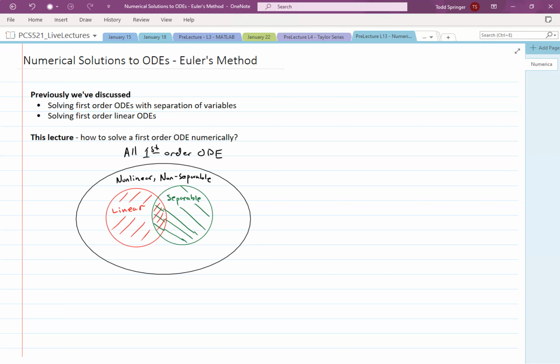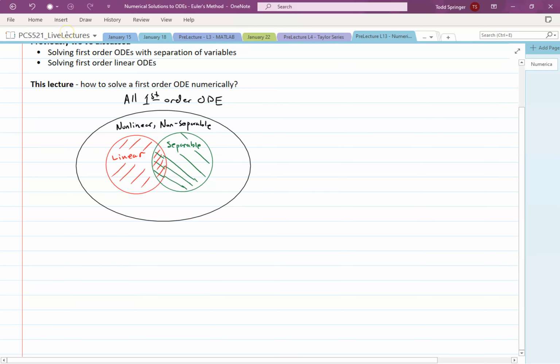And sometimes, like I mentioned before, you are forced to resort to the computer. Generally, if you can solve it by hand and you can get an exact solution, that's better. But the computer can be used as a last resort to solve an ODE numerically. And we're going to learn some methods of doing that.